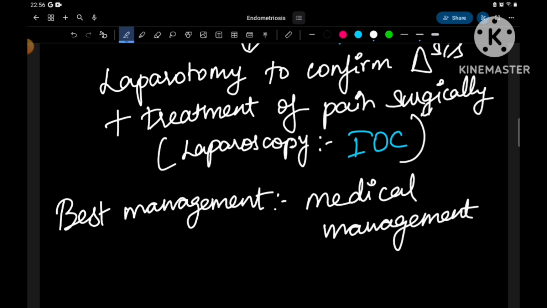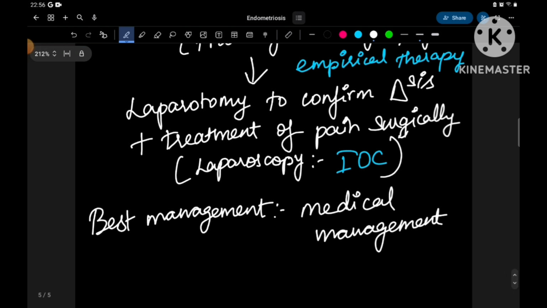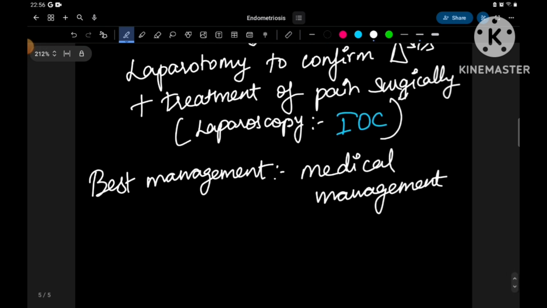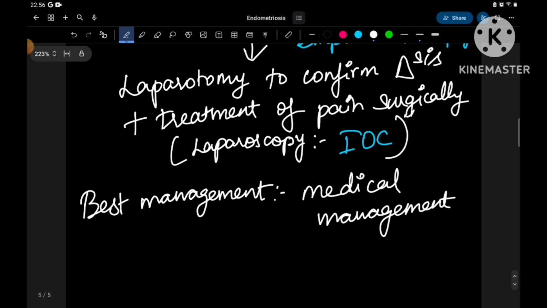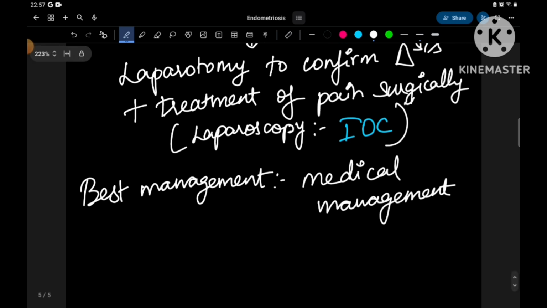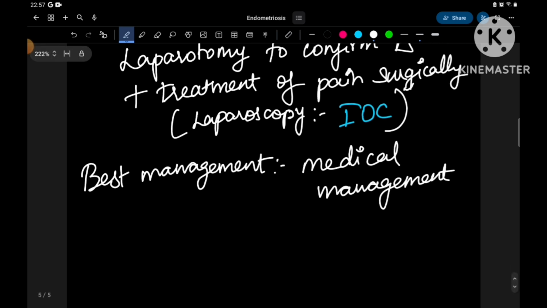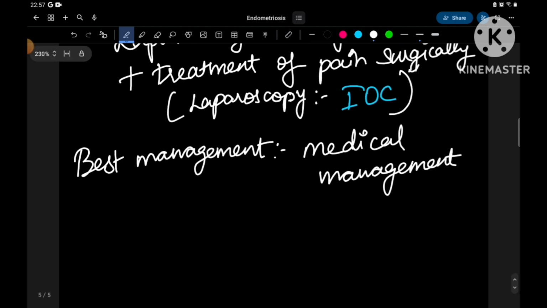In medical management, when there is mild pain, as I said before, we give NSAIDs plus OCPs. If that fails, we give progesterone or GnRH, agonist or antagonist. Then finally we do laparoscopy.